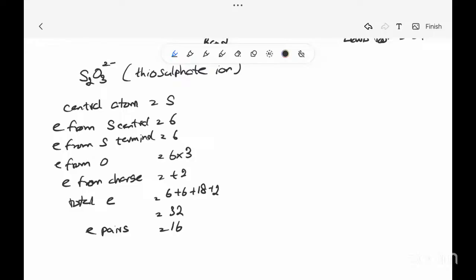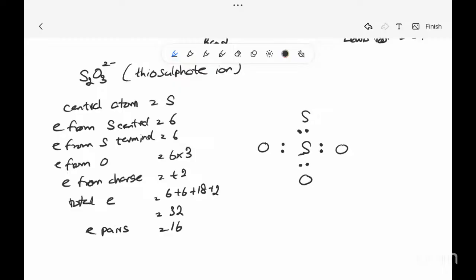Then this is the central sulfur, then I'm placing the terminal sulfur, oxygen, oxygen, and oxygen. Then placing bond pairs: 1, 2, 3, and 4.